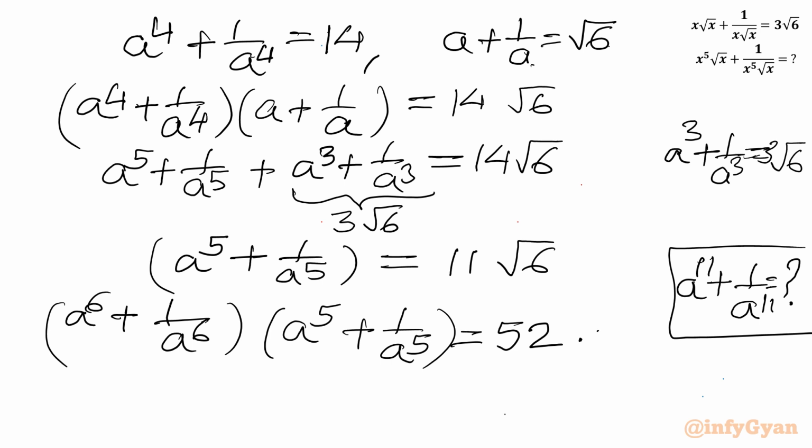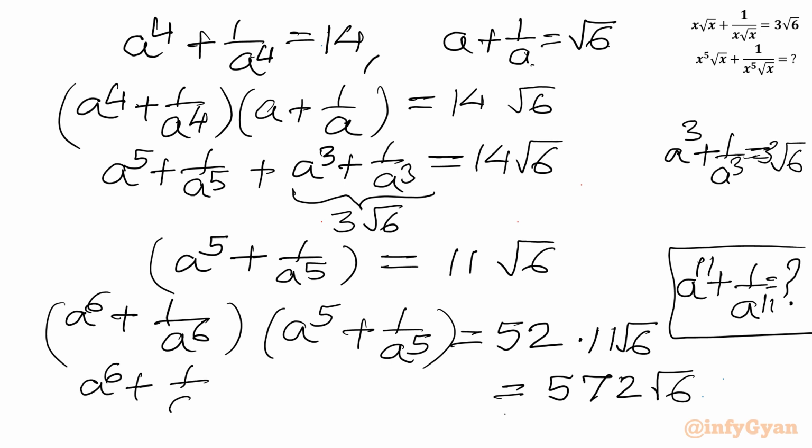Now I will multiply with 11 root 6. So this is nothing but right hand side 572 root 6, and LHS is the product of these two brackets.